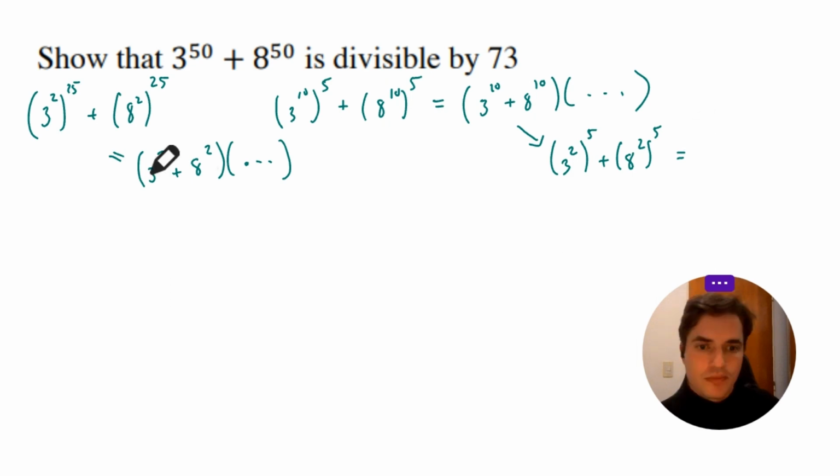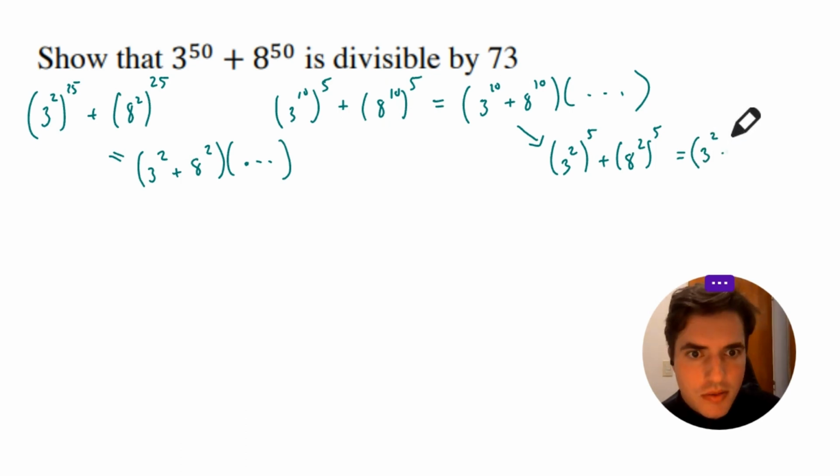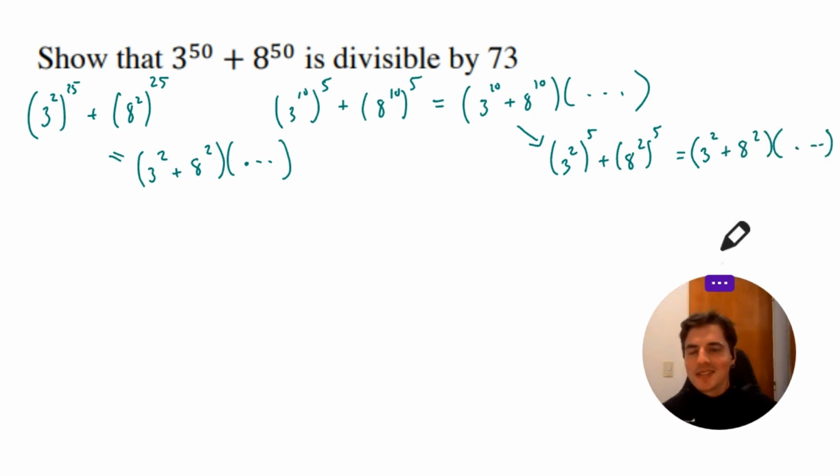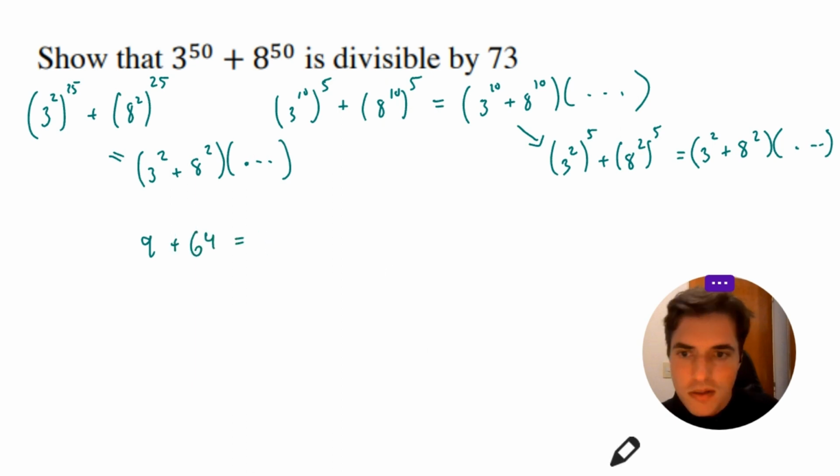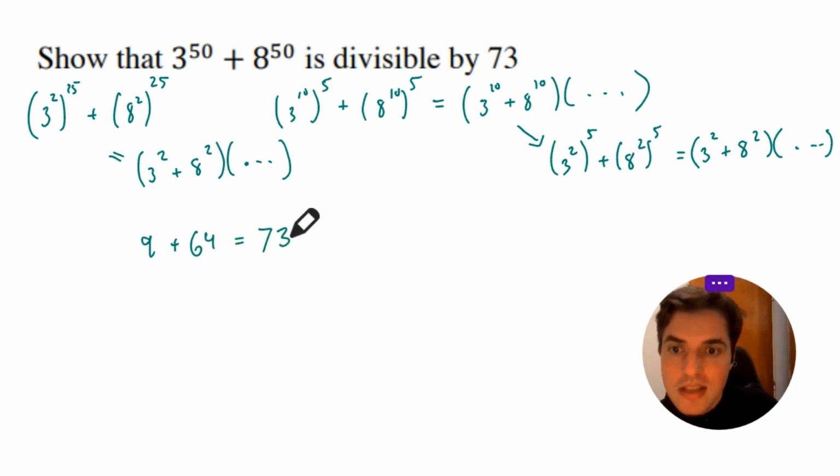And we end up getting 3 squared plus 8 squared times a new mess, but it's still a mess. And that's about all we can do. We could calculate this if we needed to, but fortunately, 3 squared is 9, 8 squared is 64. 9 plus 64 is 73. So this is divisible by 73.